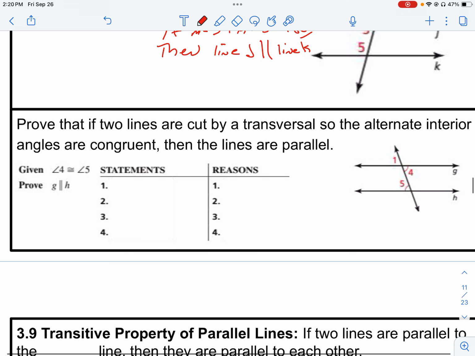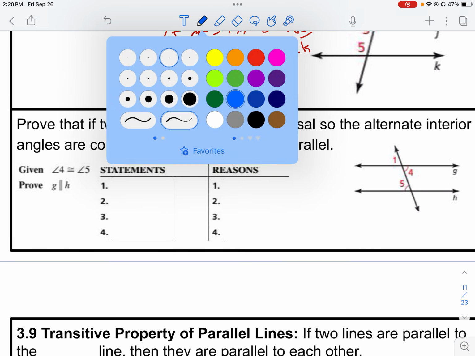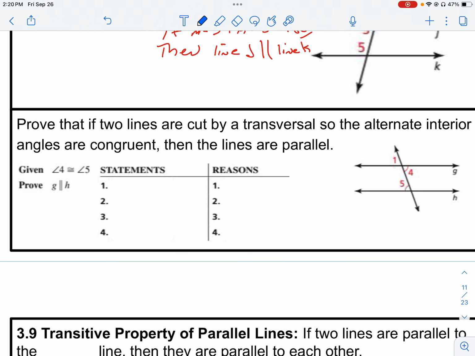And let's do a quick proof and prove that it's true. All right, we're going to start with our given: angle 4 is congruent to angle 5. Given.